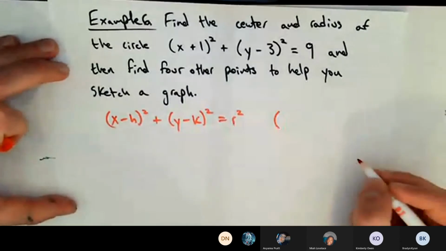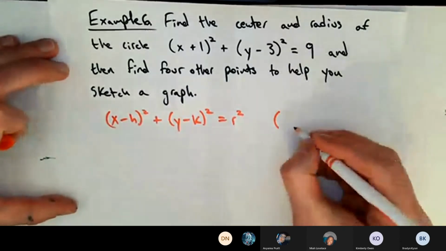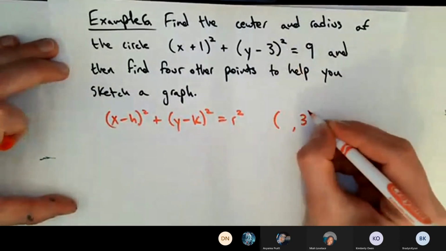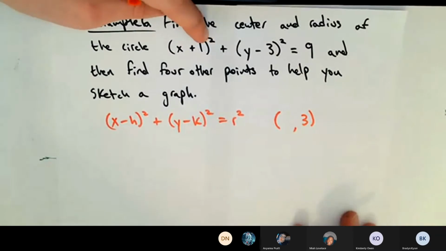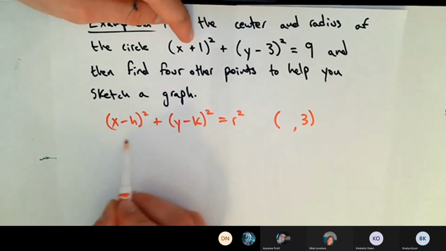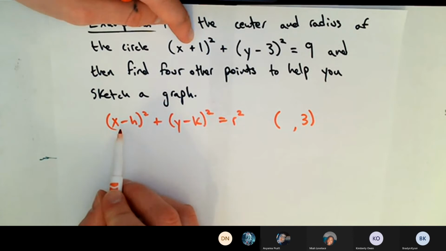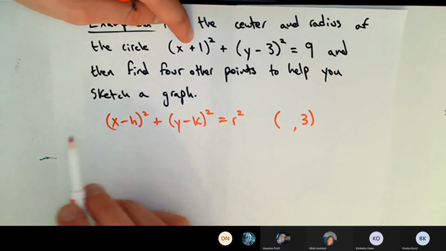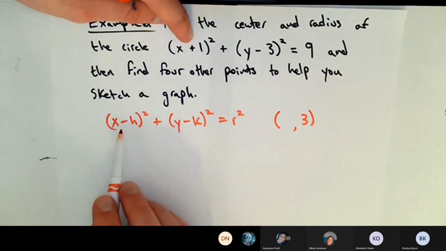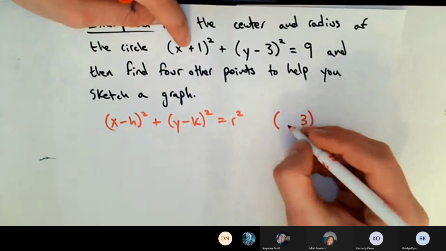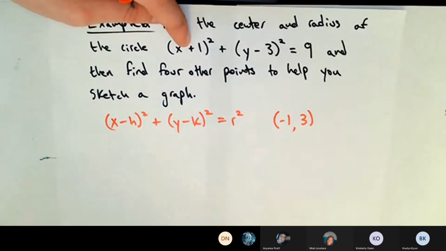So here, my center is (h, k), right? So clearly the k value should be 3, but what about this plus 1? Well, in the formula, it's already set up to be subtraction, which is a little weird maybe, but that's okay. So if this is a plus 1, hopefully it makes sense that I should have a minus 1 there.